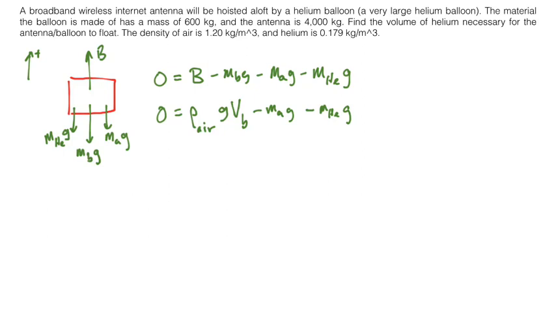So, is there a way for us to write the mass of that helium in terms of the volume that we're putting in the balloon? Density. The density of helium is the mass of helium divided by the volume of helium. So the mass of the helium is going to be the density of helium times the volume of helium.